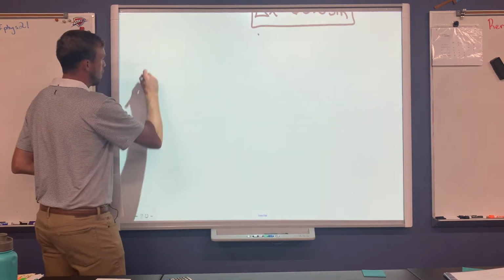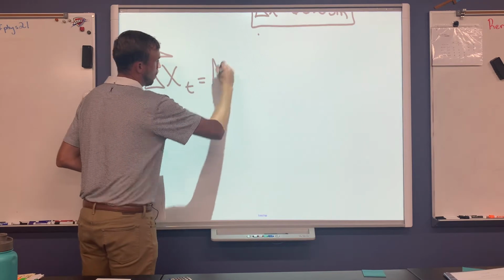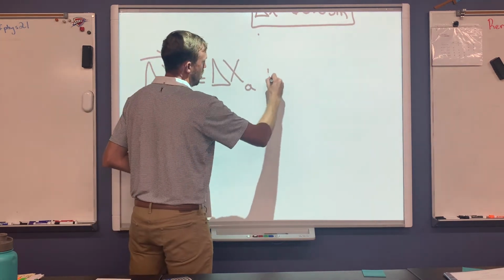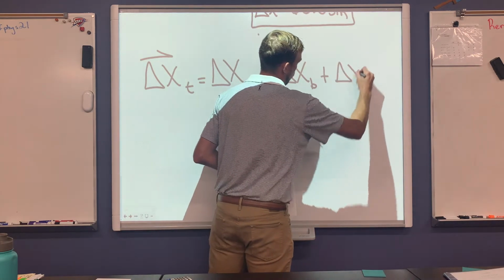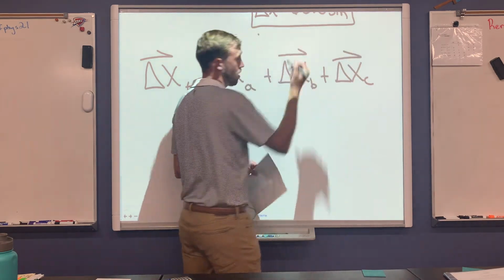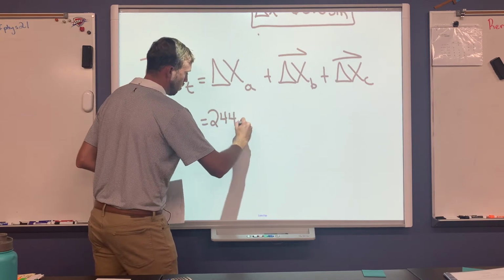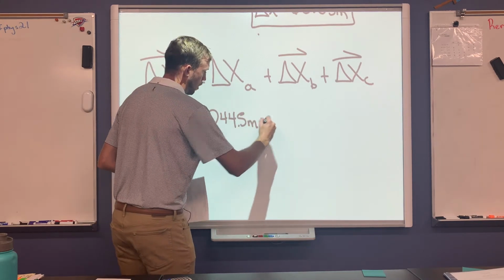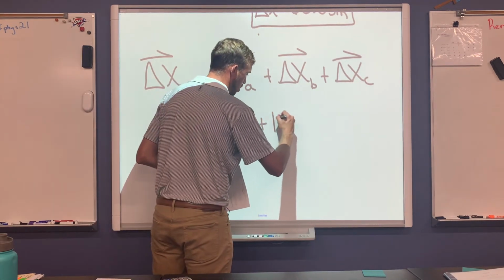So I'll call this delta x sub t for total is equal to delta x for part A, plus delta x for part B, plus delta x for part C. All I need to do now is just add my values together. So part A, I was at about 244.5 meters, plus part B, I was 1918.67.